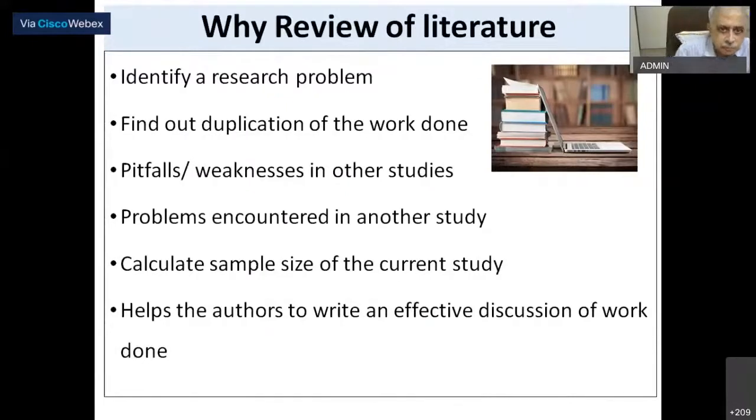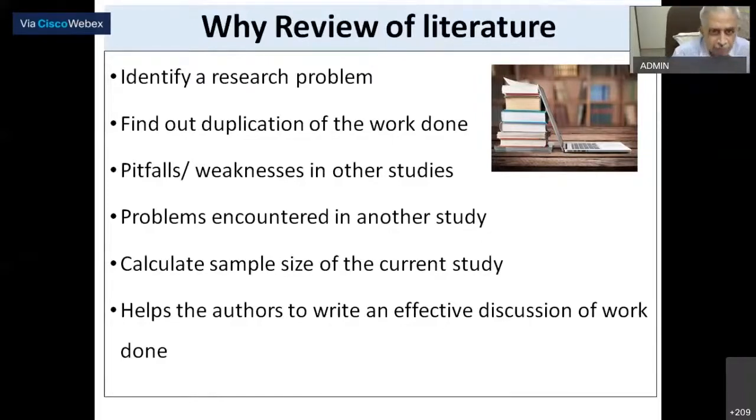So you identify a research problem and you do review of literature. It's important because you should not duplicate the work unnecessarily. As Dr. Satyamurthy has said, there is no harm in doing research again if it is not fully answered. But if it is a well answered question, there is no point in repeatedly doing it unless you doubt the findings of the research.